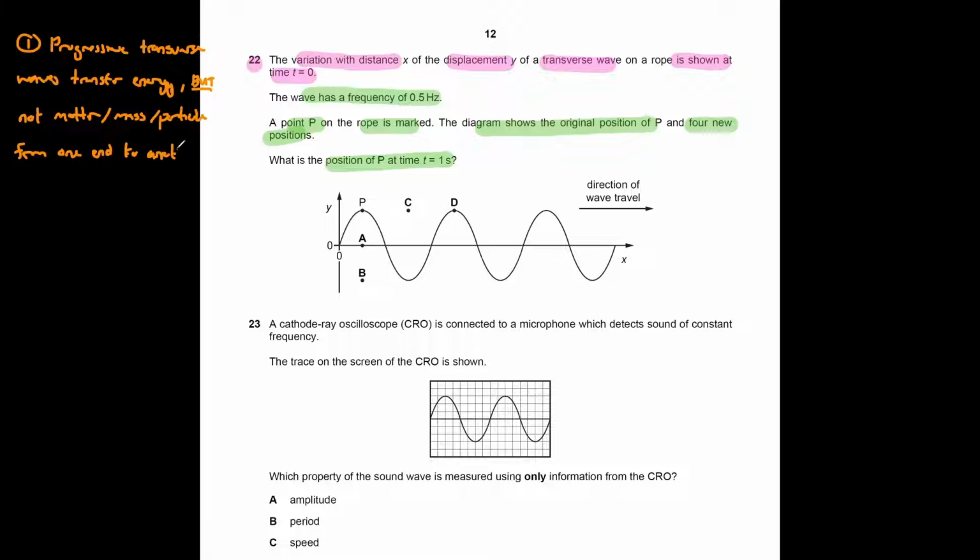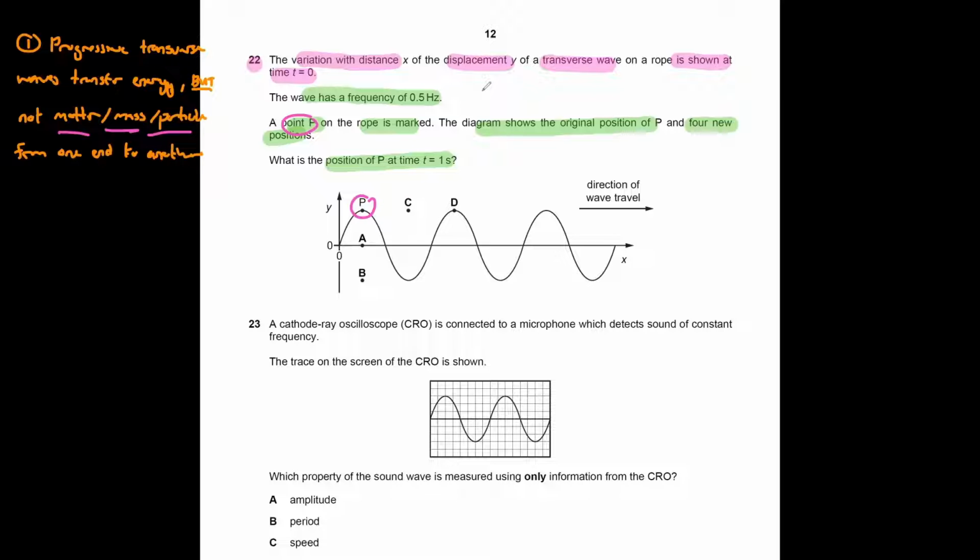Progressive transverse waves do not transfer particles, they don't transfer mass, they don't transfer matter from one end to another, they transfer energy.